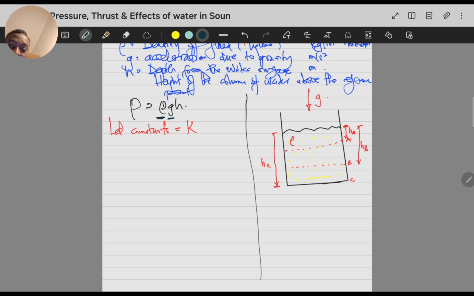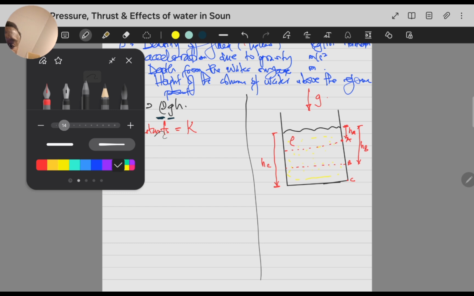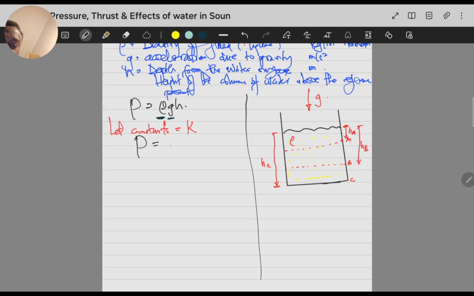And then the height is what is changing. It's the variable. For every point in the liquid, for every horizontal level in the liquid, we have pressure. So P is now K times H, which means pressure is directly proportional to H, because K is constant. So what does that mean?